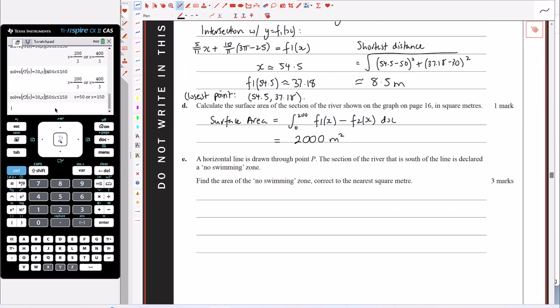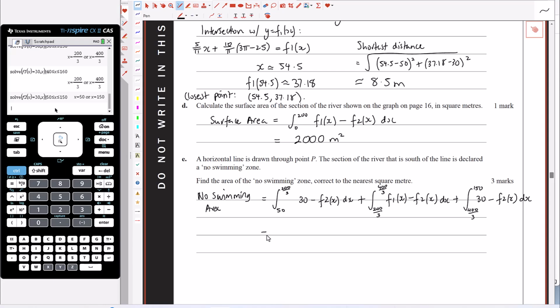Okay, so the no swimming area is going to be the integral from 50 to 200 on 3 of 30 minus f2 of x, plus the integral from 200 on 3 to 400 on 3 of f1 of x minus f2 of x, plus the integral from 400 on 3 to 150 of 30 minus f2 of x. Don't forget all your dx's.